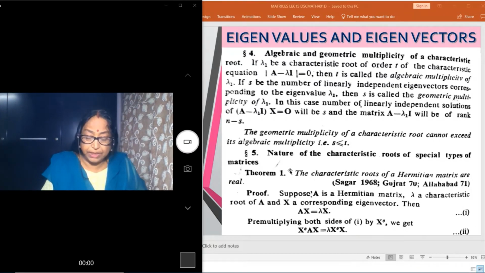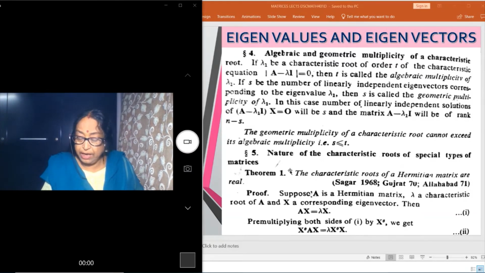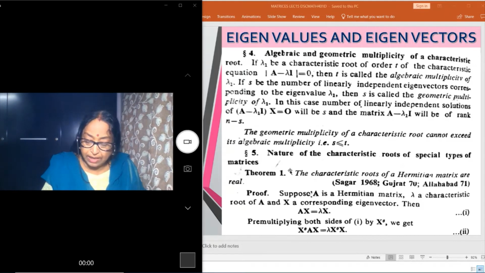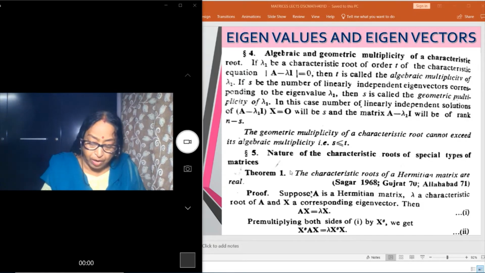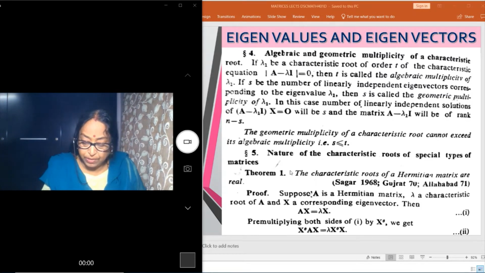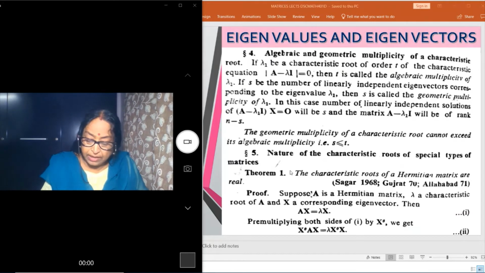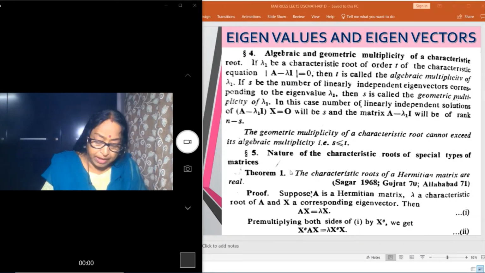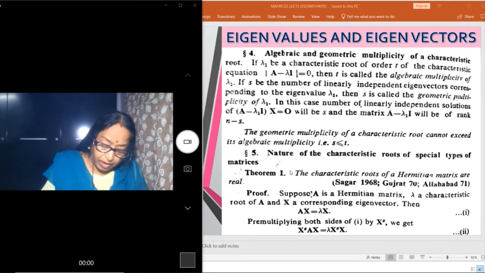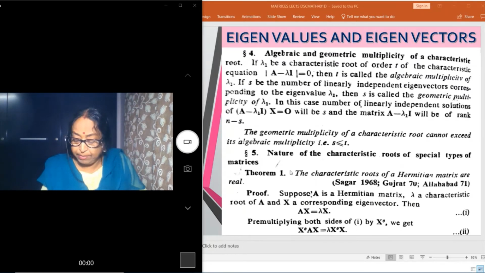Now, algebraic and geometric multiplicity of a characteristic root. If lambda 1 is a characteristic root of order t of the characteristic equation determinant of A minus lambda I equal to 0, then t is called the algebraic multiplicity of lambda 1.